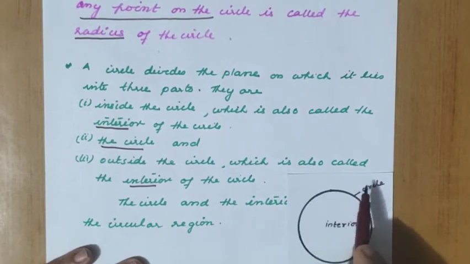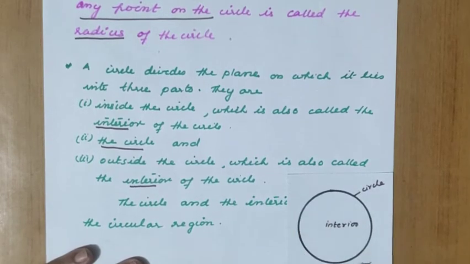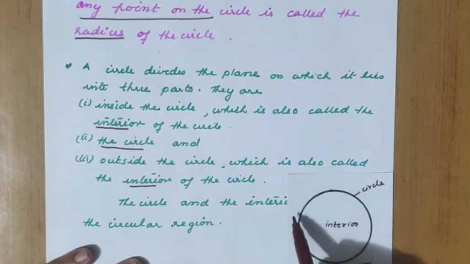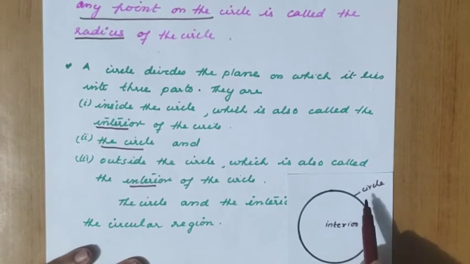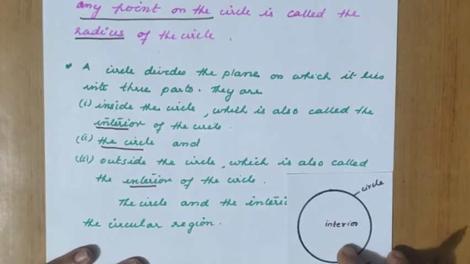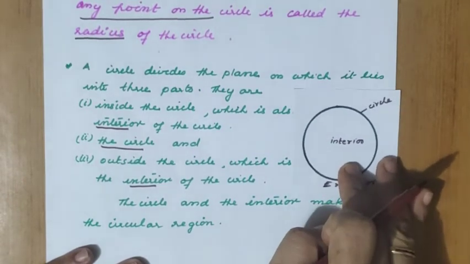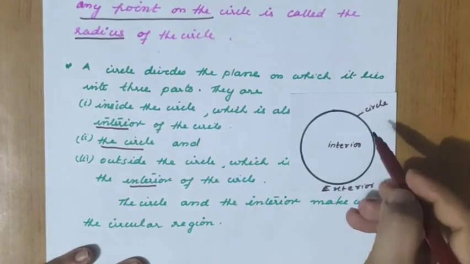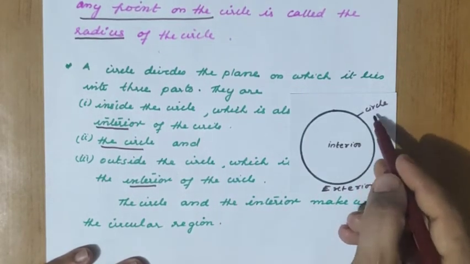So the circle divides the plane into three parts, which are the interior, circle, and exterior. I repeat, the circle divides the plane into three parts, which are the interior part of the circle, the second part the circle, and the third part the exterior part of the circle. Now one more thing we have to learn here, that is the circle and the interior. We are combining interior and circle, right?